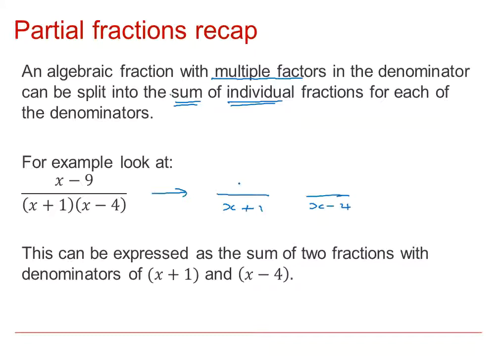And the fractions we would set up would be a over x plus 1 plus b over x minus 4. So this is expressing the problem as the sum of two fractions where one denominator is x plus 1 and the other denominator is x minus 4.